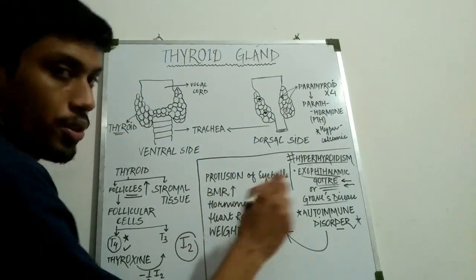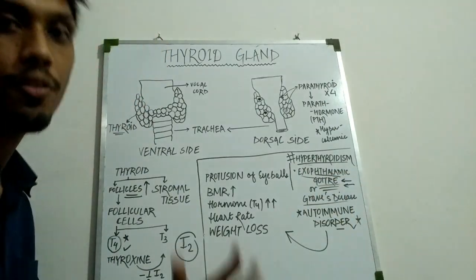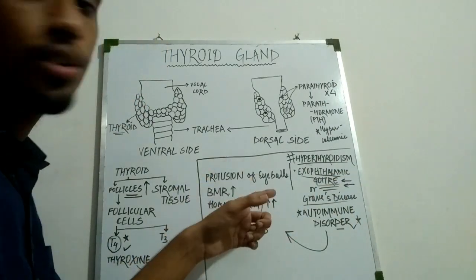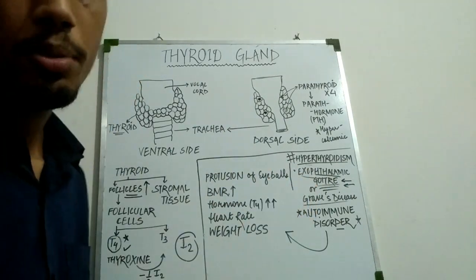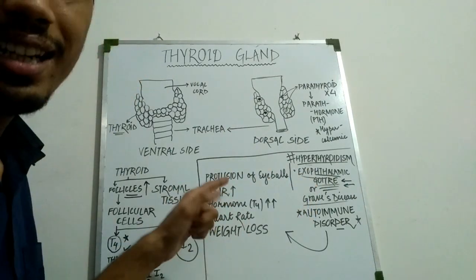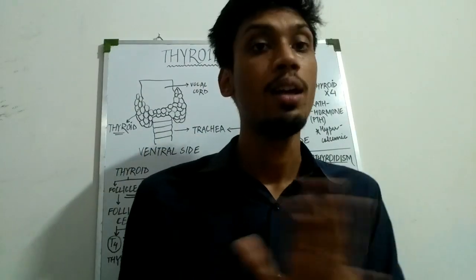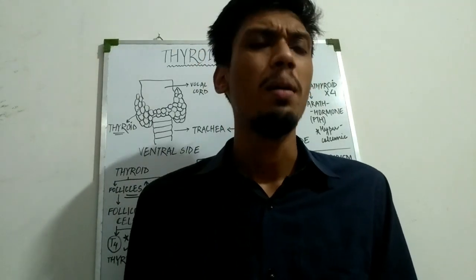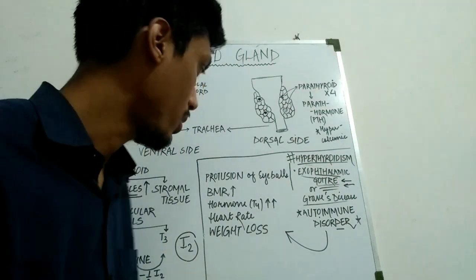Protrusion of eyeballs, I already told you, that's why its name is exophthalmic. Second, unlike hypothyroidism, here BMR increases. The person will not feel lazy. In hypothyroidism the person was lazy, dull, and mental ability was reduced, but here it's just the opposite.